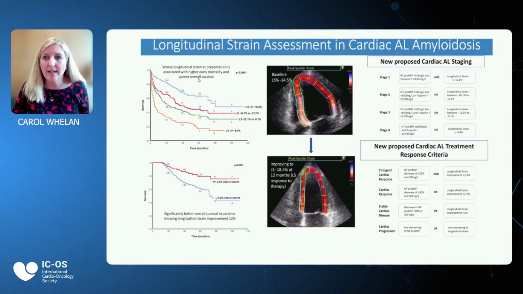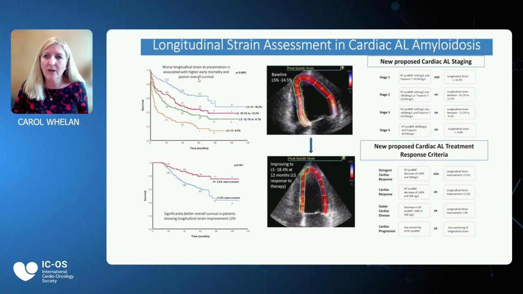Stage 3 is when the NT-proBNP is again more than 332, but less than 8,500, and the troponin is more than 0.035, or the longitudinal strain is between -9.1 and -12.1. And lastly, stage 4, where the NT-proBNP is greater than 8,500 and the troponin is more than 0.035, or the longitudinal strain is -9 or worse.